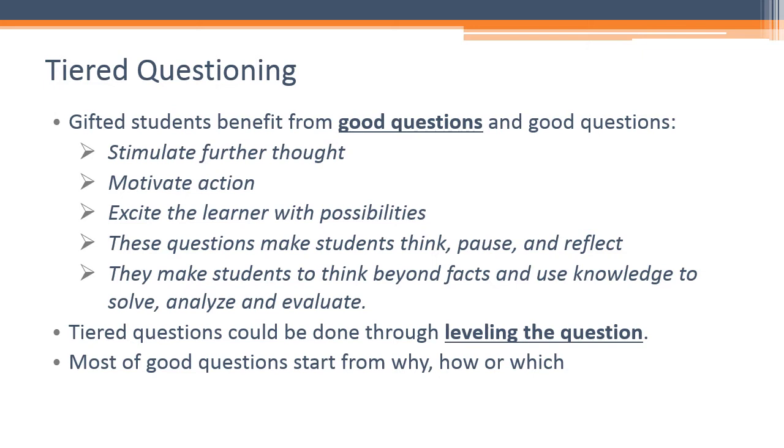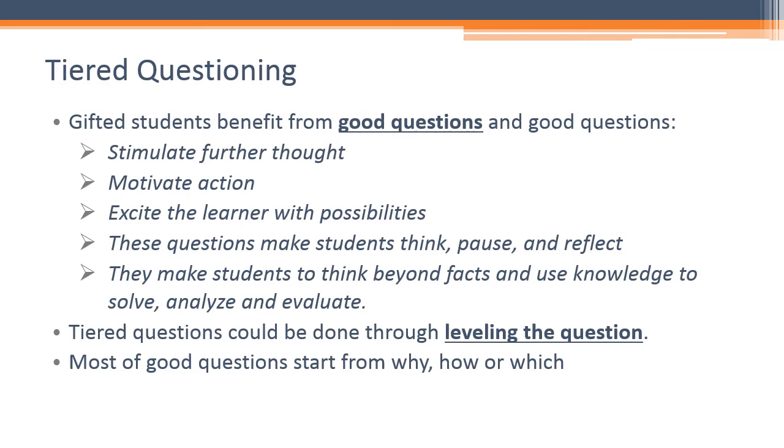And one way to tier questions, meaning when you tier questions, there are questions that are suited for the ability groups in the classroom. So in this case, we are talking about questions that will suit students with gifts and talents. So meaning, in a higher level, yung mga questions nila. And you can do this through leveling the questions. Okay?